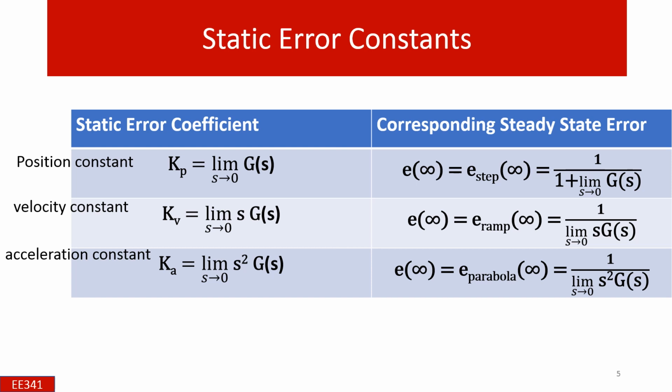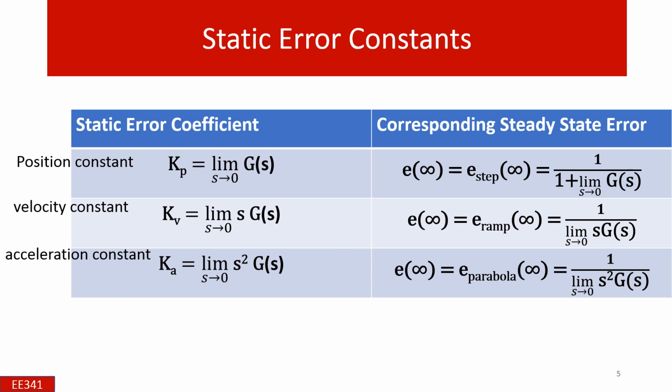The corresponding steady state errors: if the position constant is given, then the steady state error is equal to 1 over 1 plus the position constant. But keep in mind, in this case the input is a step. Similarly, if the velocity constant is given, then to find the steady state error, just take the reciprocal of this constant.